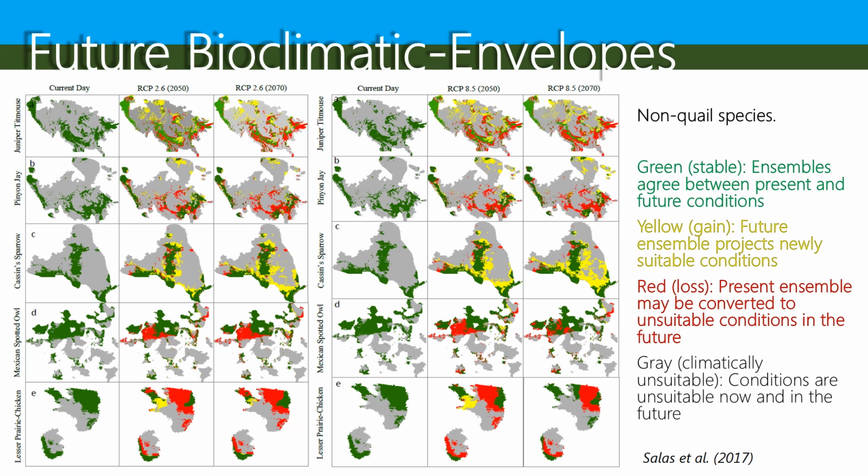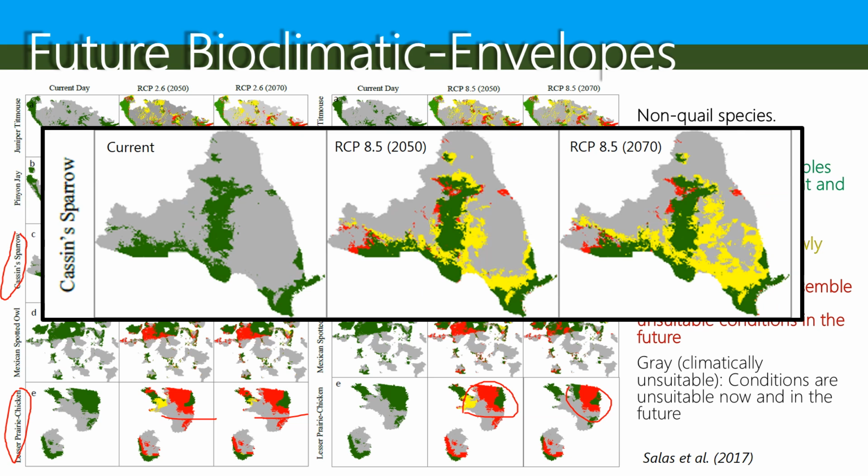Here are the results for the rest of the bird species. You see more yellows and greens for the Cassin's sparrow, and in contrast, you see more reds or losses for the lesser prairie chicken. Here are all the reds for RCP 2.6, and you see so many reds for the RCP 8.5.